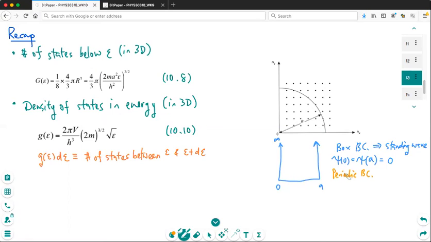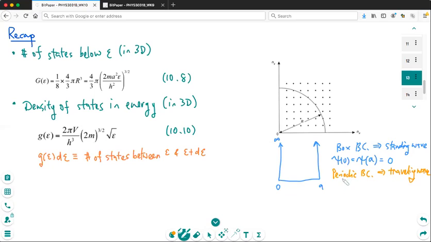Just remember, if you change the position of the box, your wave function can take a different form. For example, it can change from sine to cosine when you have the standing wave solution. But it doesn't matter. If you have this, then what we will get is the traveling wave solution.